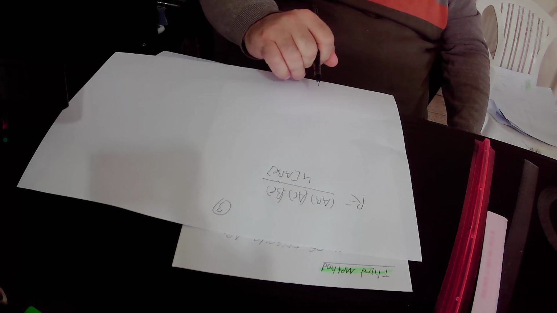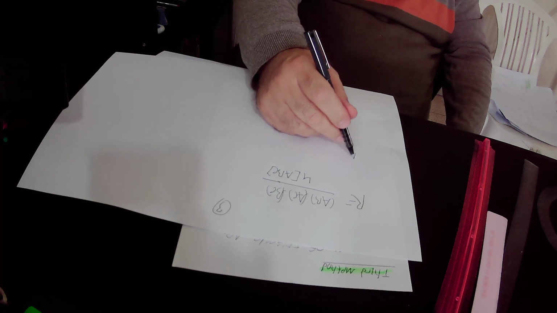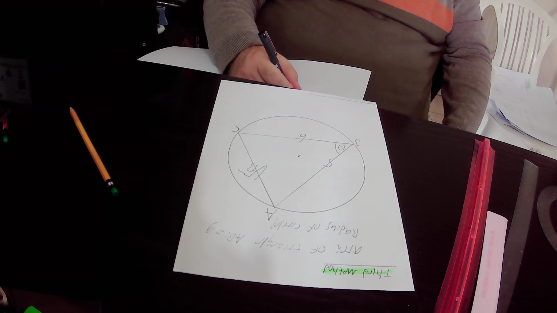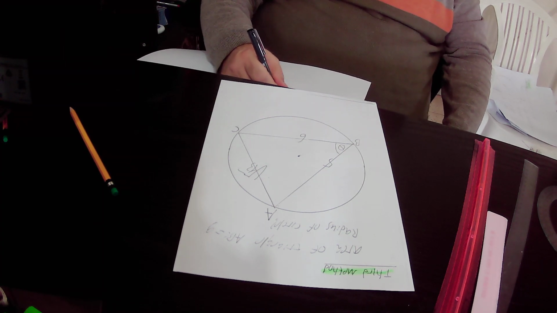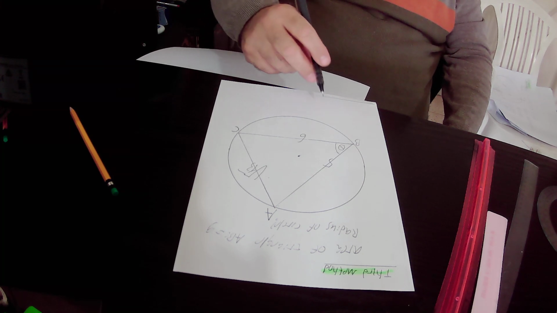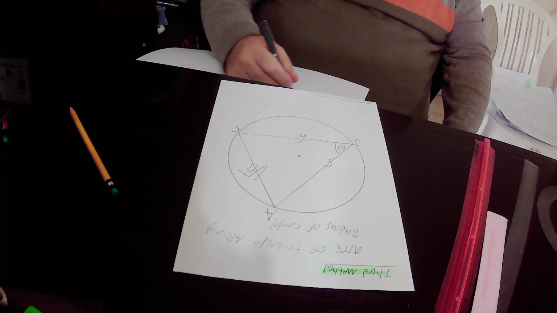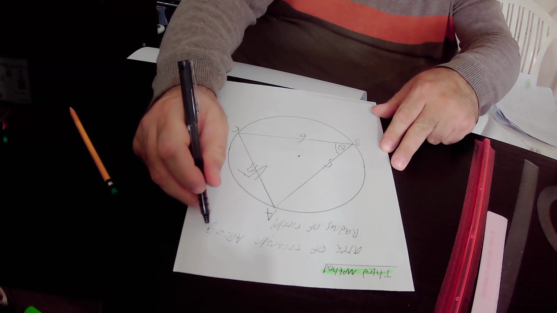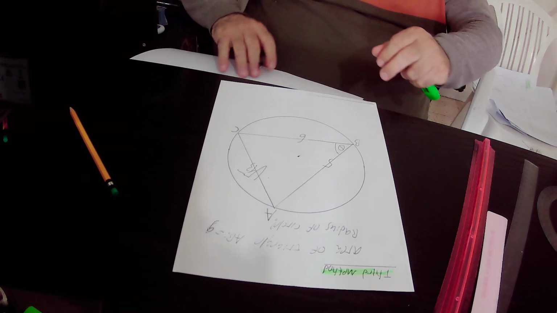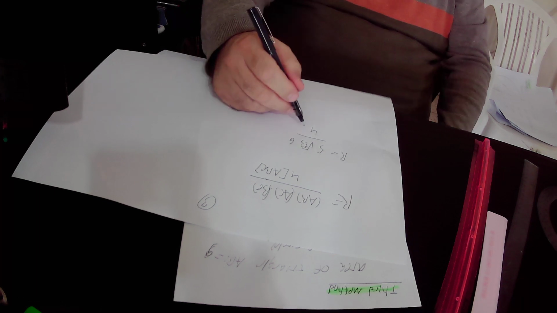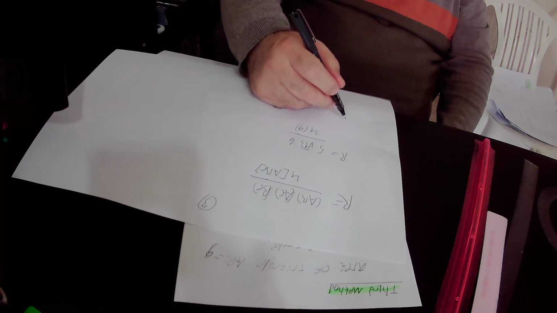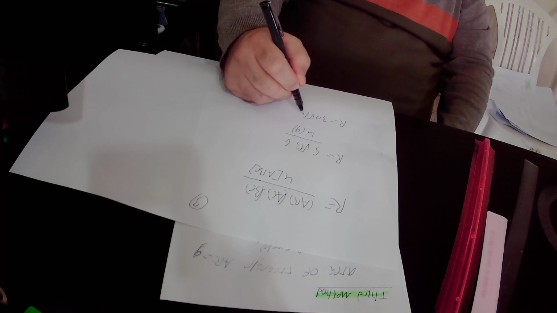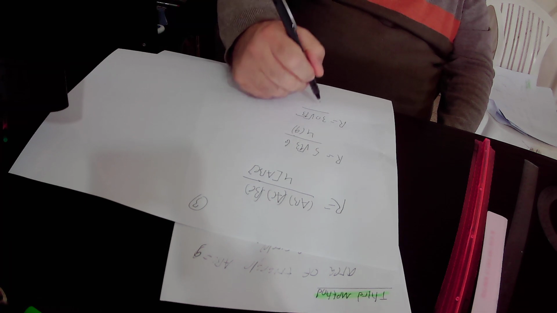So in our case, we get that R equals AB, which equals 5 units, times AC, which is the square root of 13 units, times BC, which equals 6 units, over 4 times the area of triangle ABC. It has been given to us that the area of triangle ABC equals 9 units, so it is 4 times 9. So in conclusion, R equals 5 times 6 is 30, so it is 30 times square root of 13, over 4 times 9 is 36.